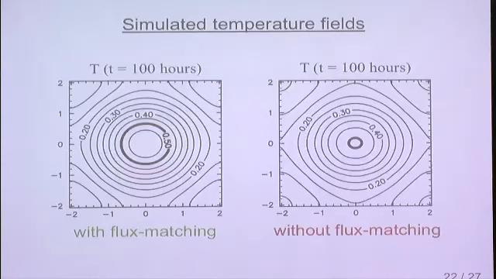This figure shows the simulated temperature field after 100 hours of integration using the model with and without the flux matching algorithm. Though both results give the smooth conduction of heat, as you can see, the simulated temperature without flux matching is smaller than that with flux matching.